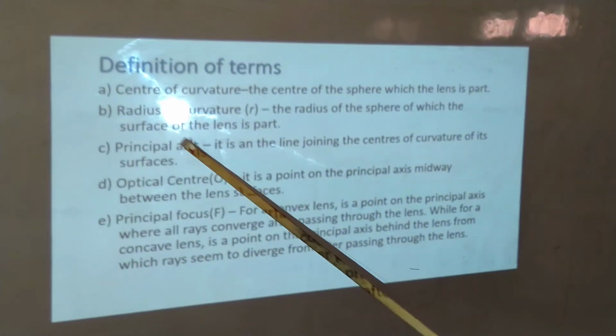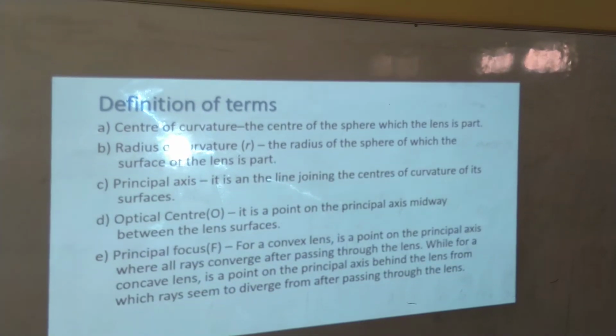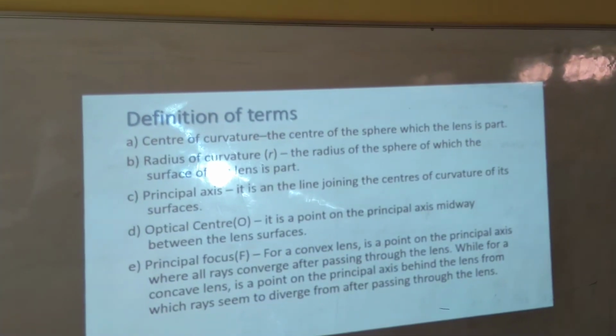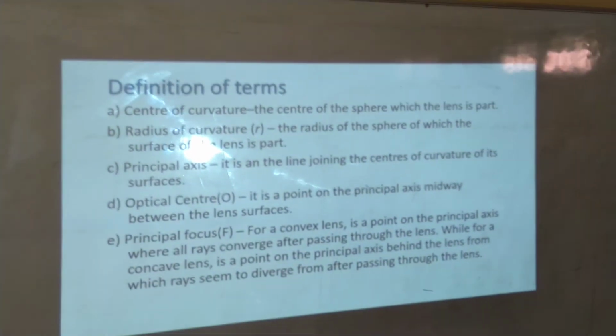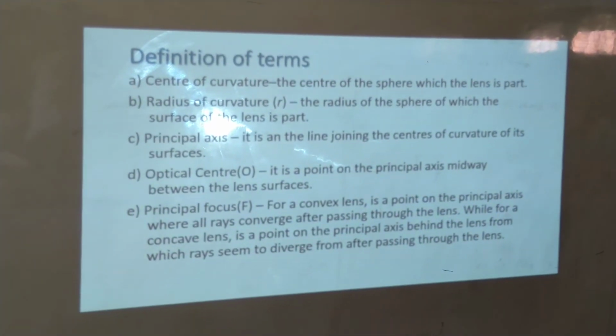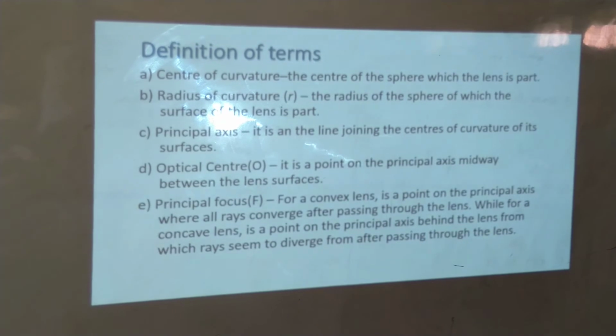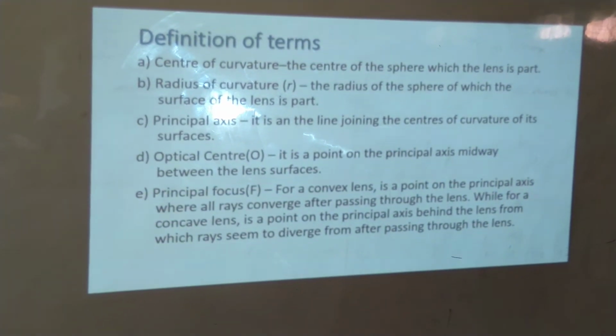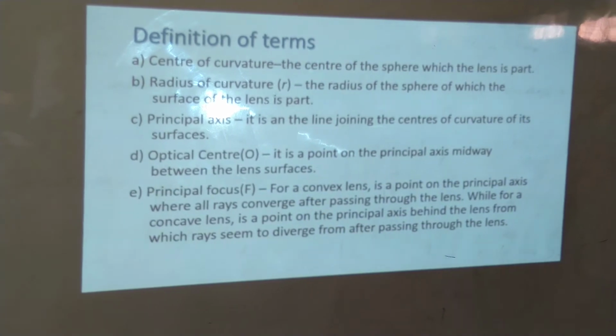Then we have the principal axis. It's a line joining the centers of curvature of its surface. Then optical center, abbreviated as O. It is a point on the principal axis, midway between the lens surfaces.